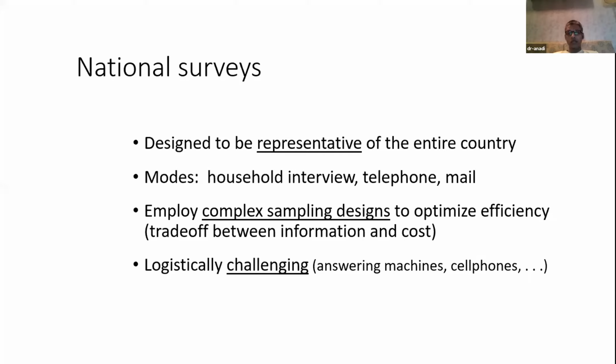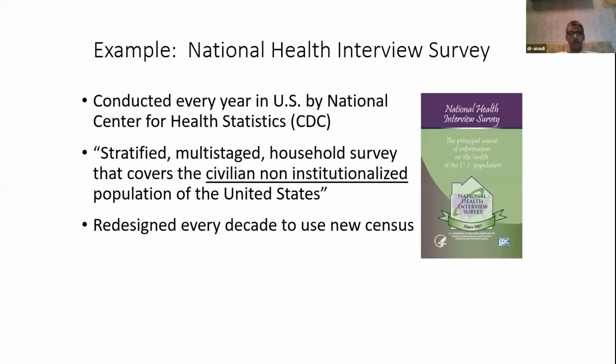So it's a trade-off between the information and the cost. It is logistically challenging: answering machines, cell phones, whatever you need for that survey, worldwide, all over the population survey, that's important. So, for example, the National Health Interview Survey, NHIS, is conducted every year in the US by the National Center for Health Statistics, that is by CDC.